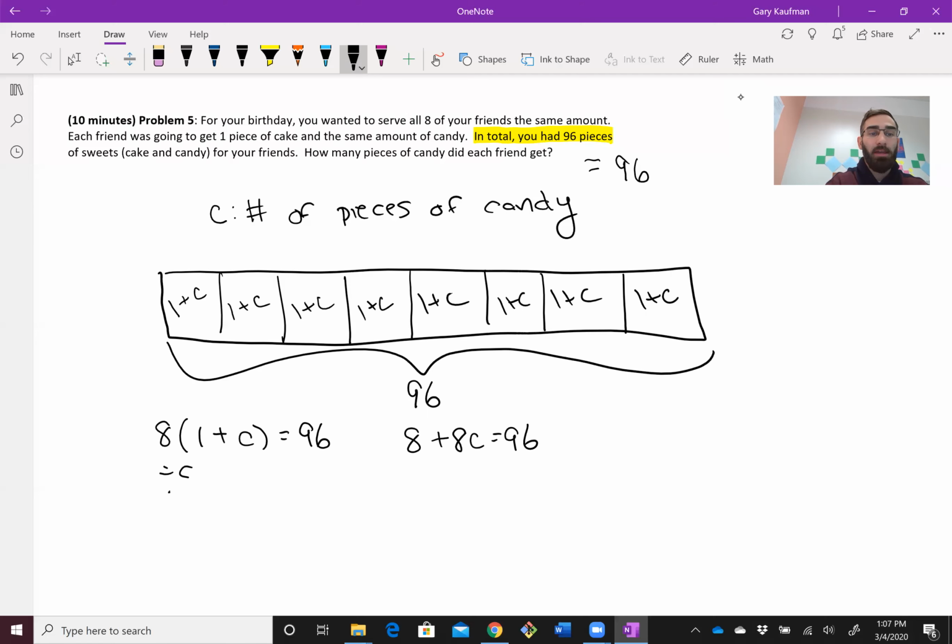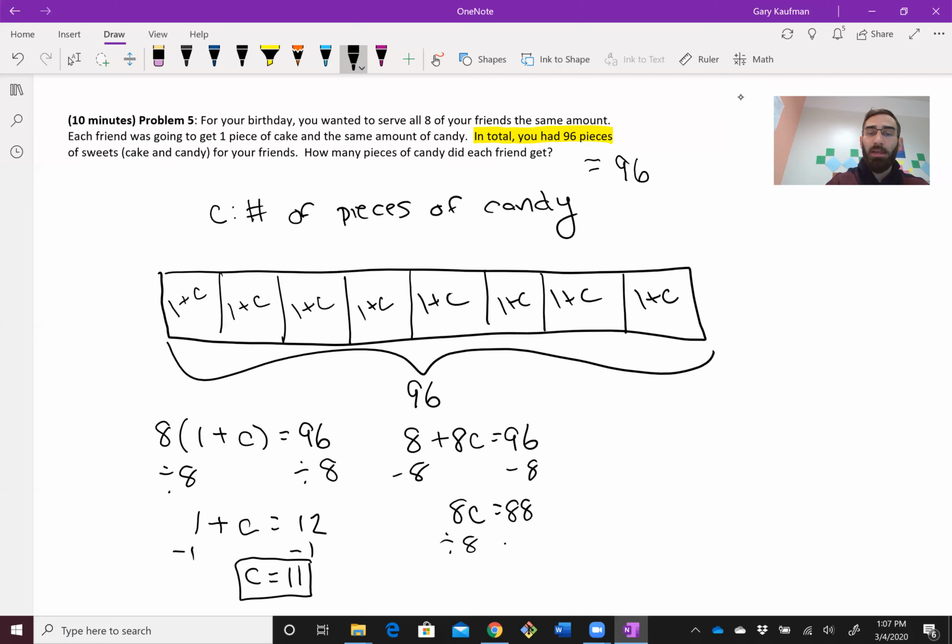This way I divide by 8 first, and I get 1 plus C equals 12. Subtract 1, and I get C equals 11. If I had this equation, I'd subtract 8 first and get 8C equals 88. Then I would divide by 8 and again get C equals 11.